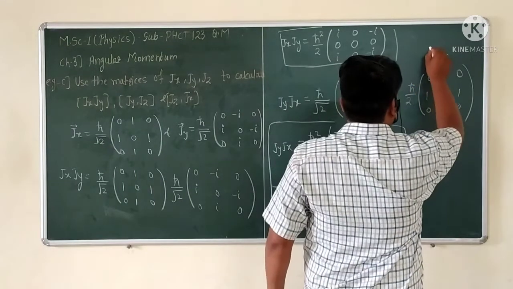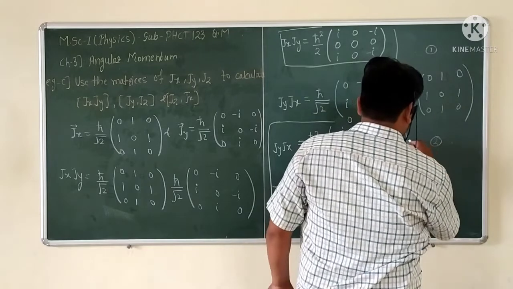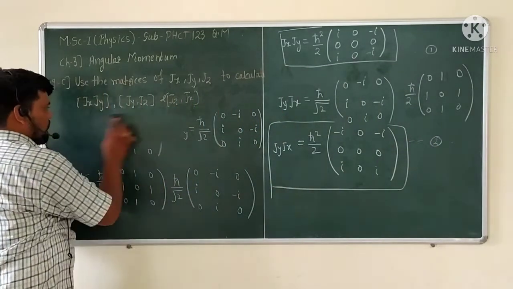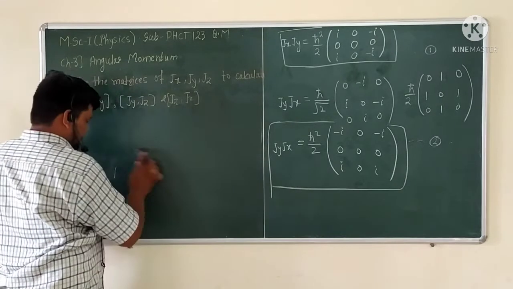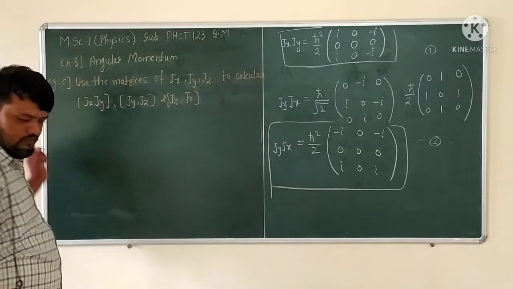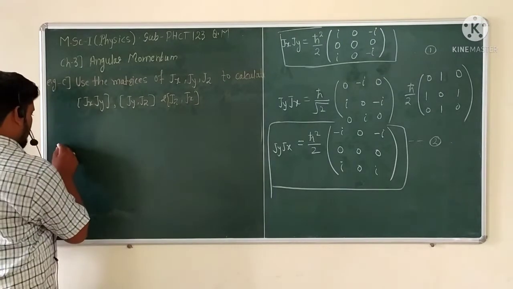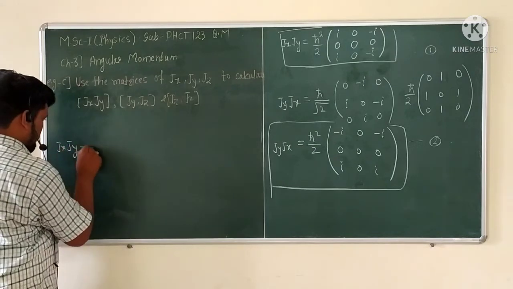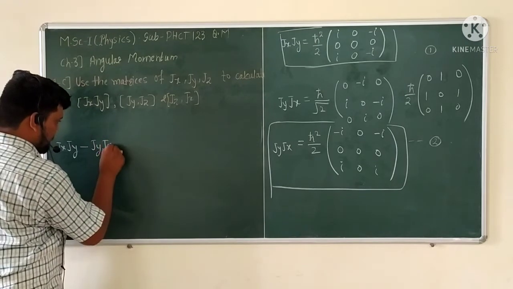For example, this is result number one and this is result number two. Using these two results, we want to calculate Jx Jy minus Jy Jx.